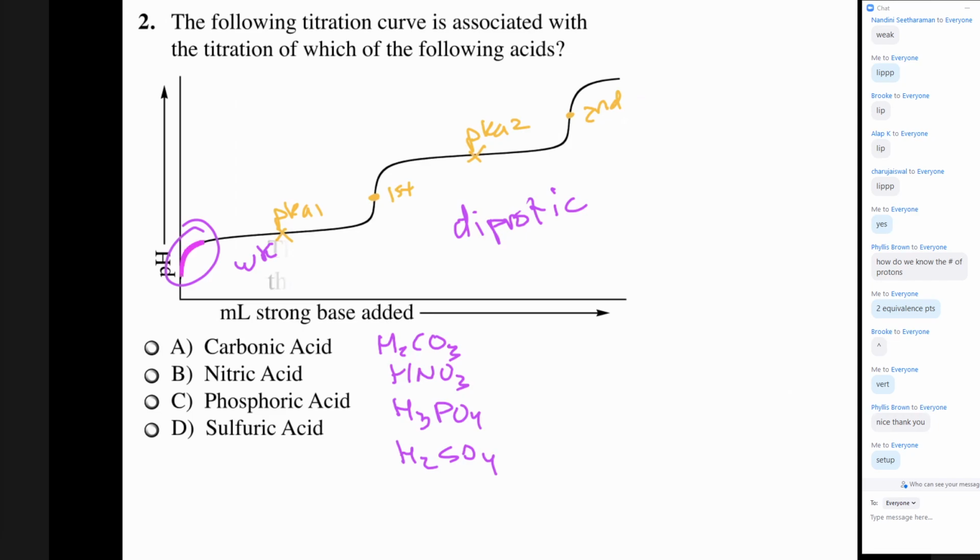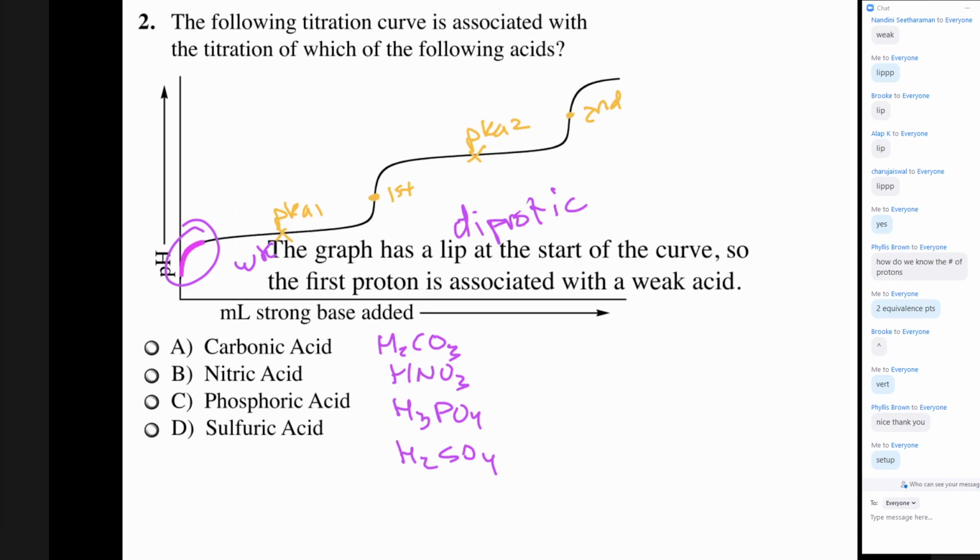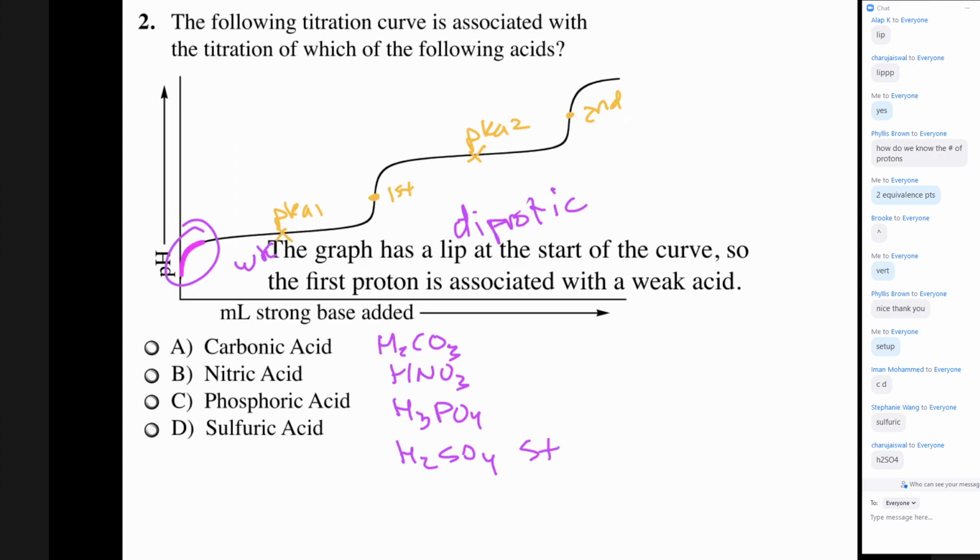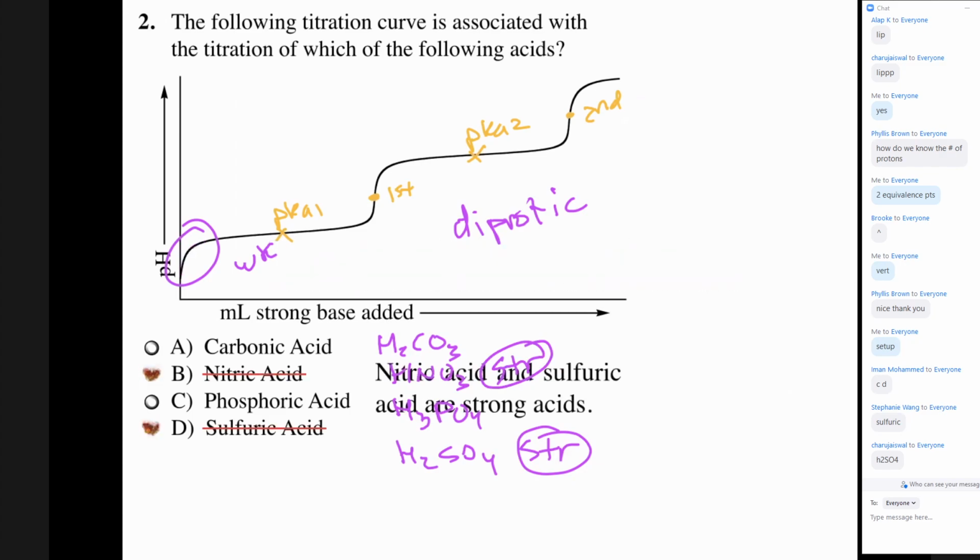So based on the weak part, what can I get rid of? So sulfuric is gone. That's a strong. The first proton is strong. And nitric, perfect, strong. So those two are out. Okay.